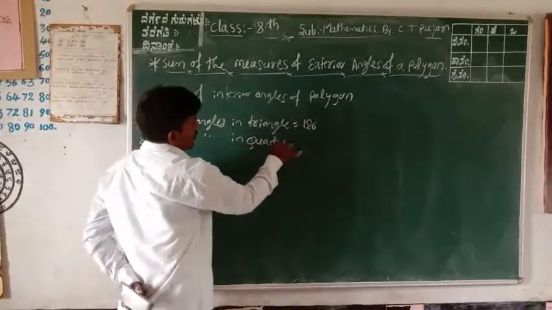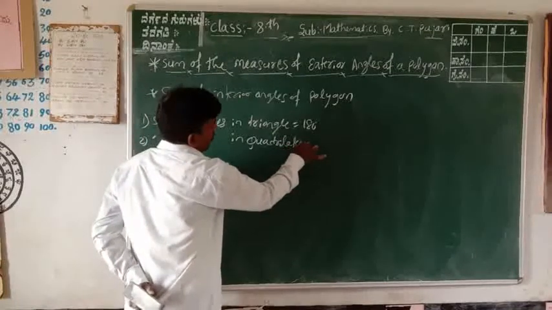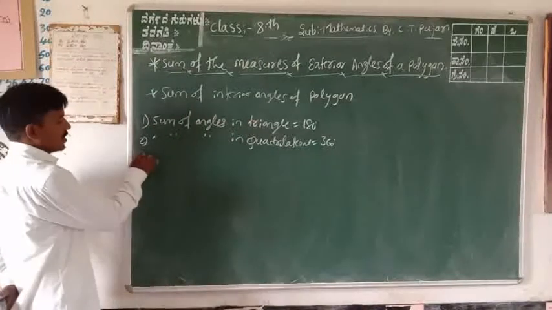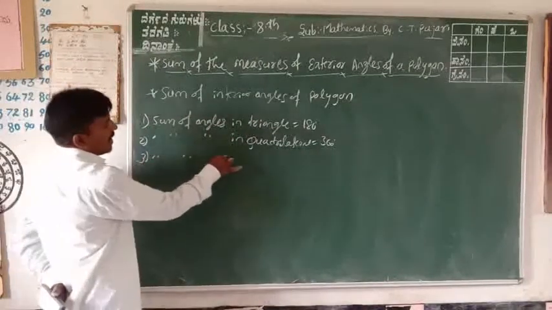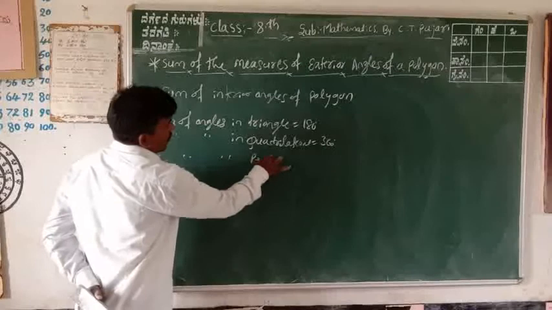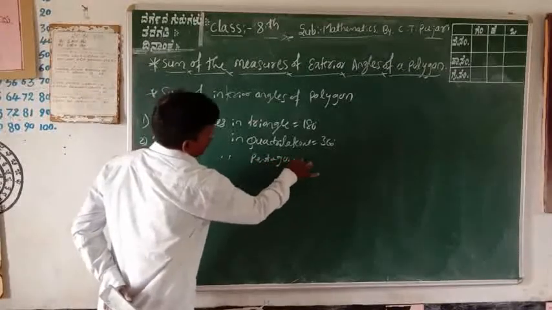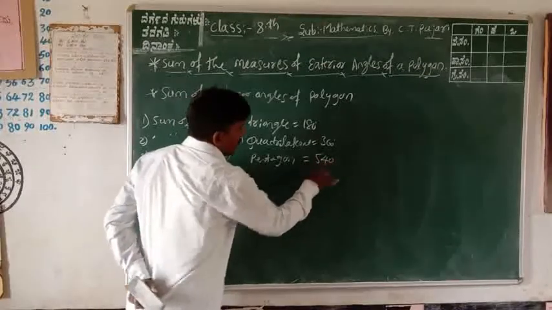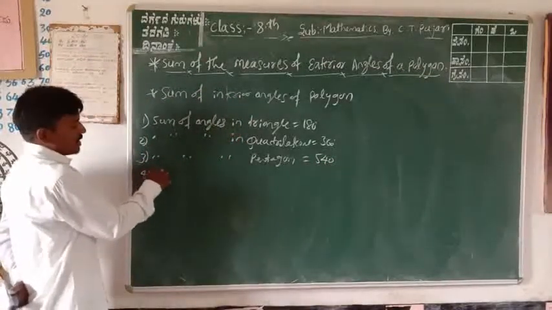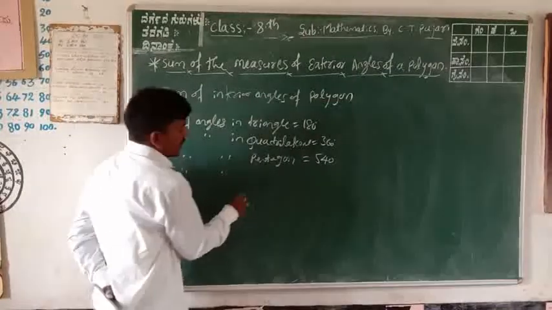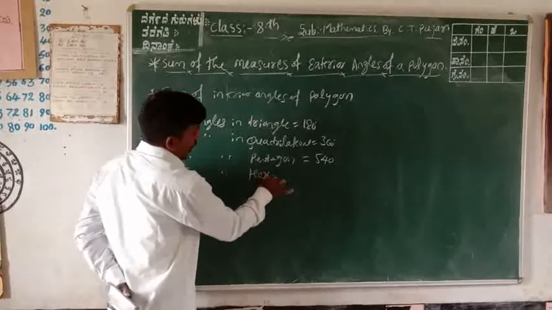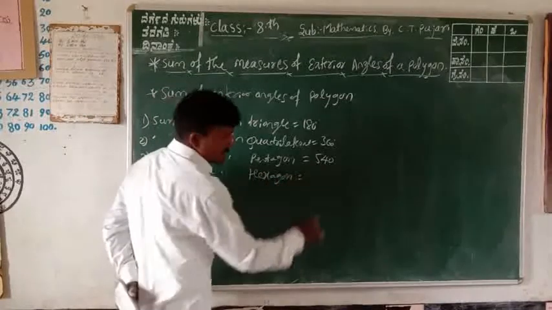Next, second one, sum of angles in a quadrilateral. 360 degrees. Next, third one, sum of all angles in a pentagon. Pentagon. How much is that? 540. Next, fourth one, sum of all angles in the hexagon. How much is that?